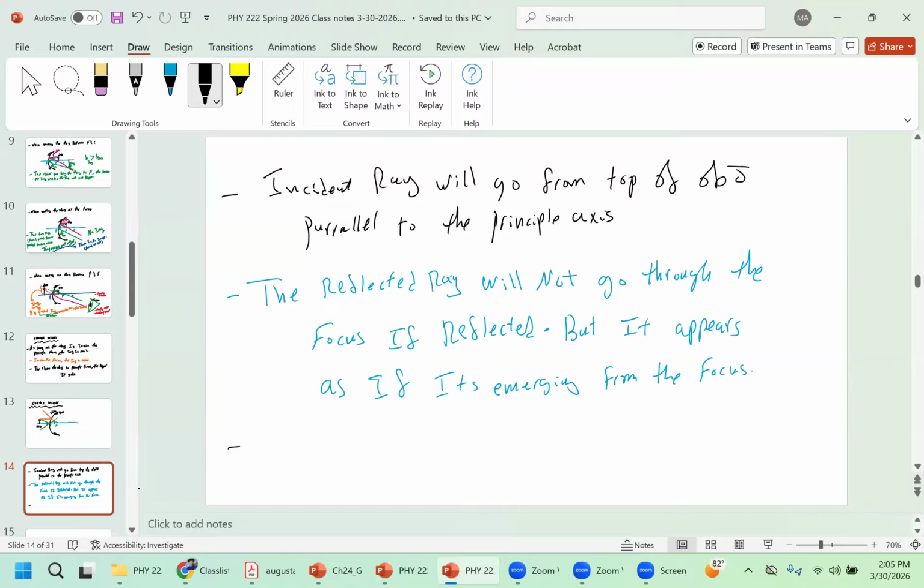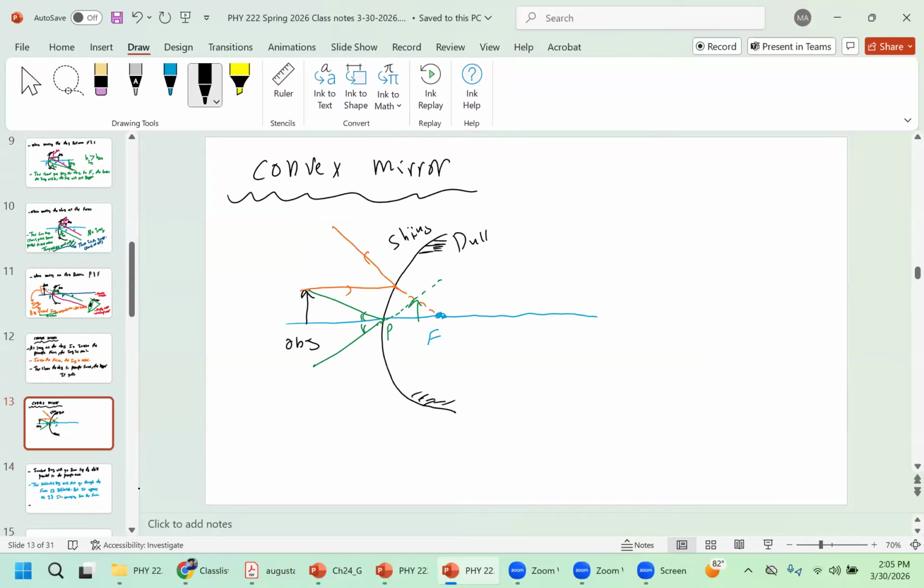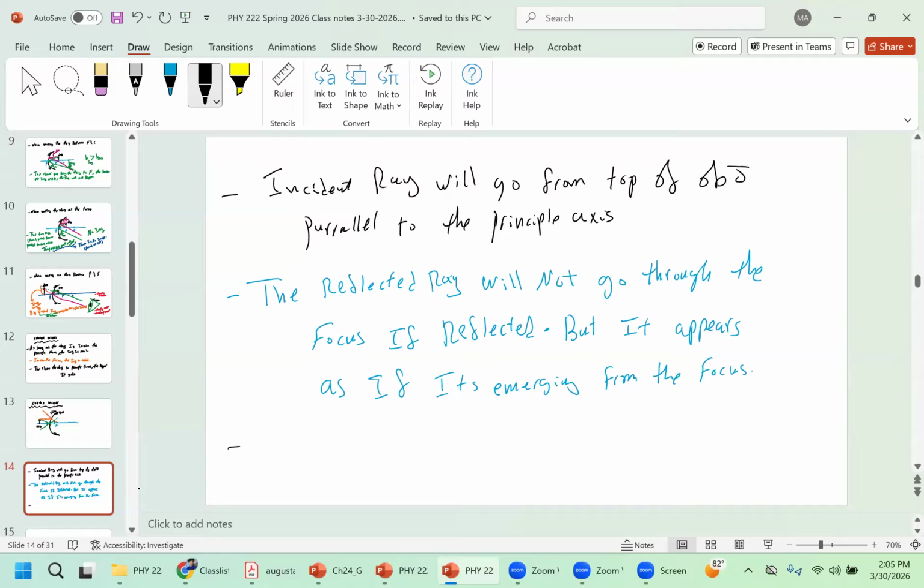So the reflected ray will not go through the focus if reflected, because again, the focus is inside, but it's going to appear as if it was going through the focus.